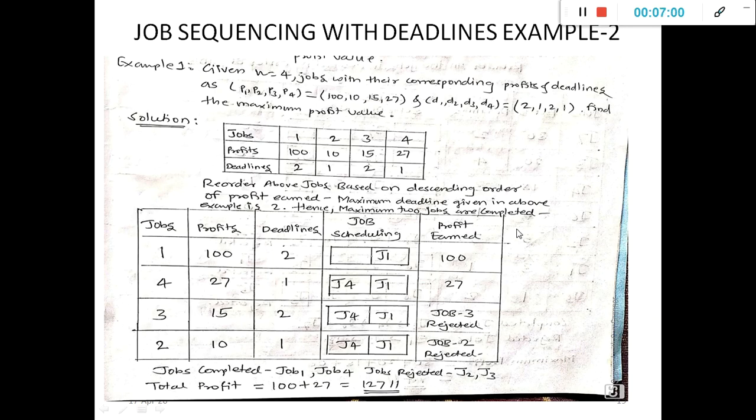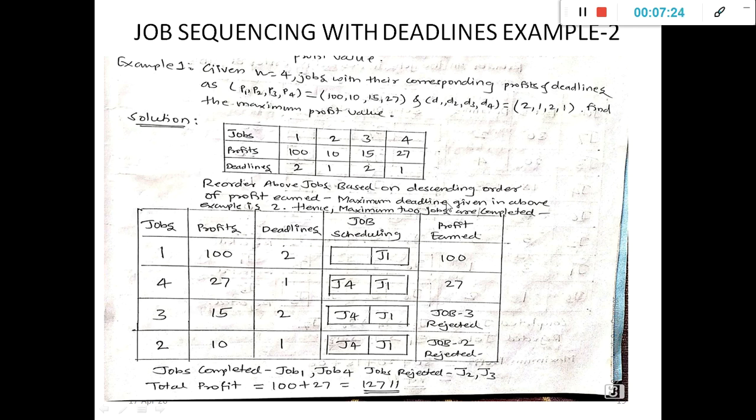Let us discuss another example of job sequencing with greedy method. You are given 4 jobs associated with their profits P1 to P4 as 100, 10, 15 and 27, and deadlines D1 to D4 as 2, 1, 2 and 1.